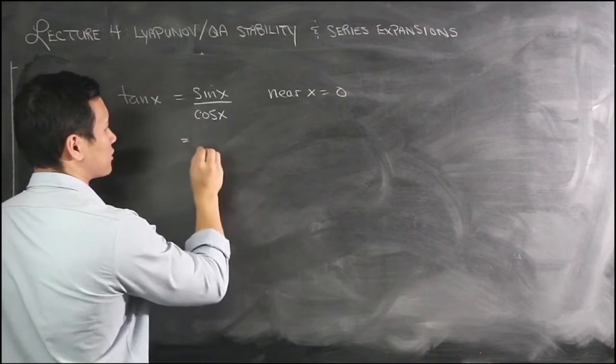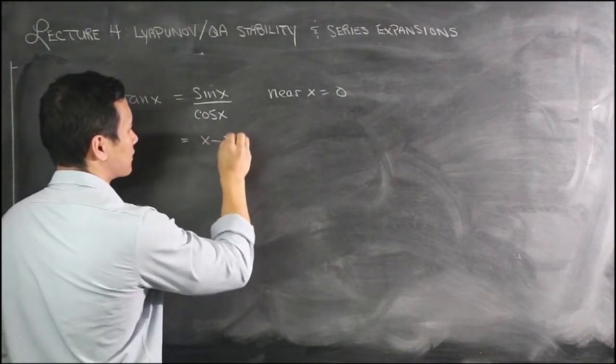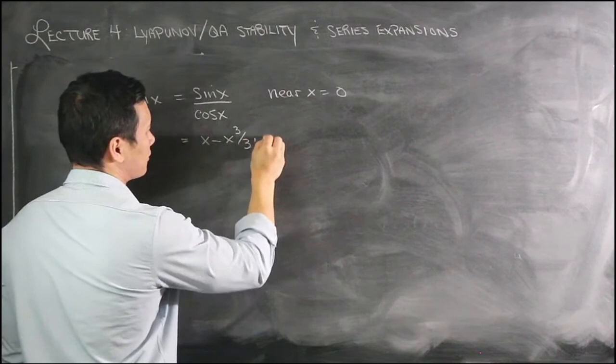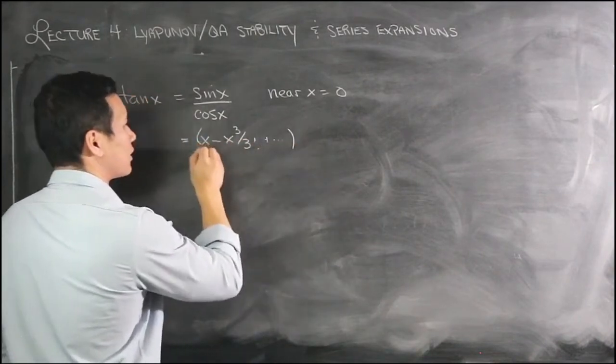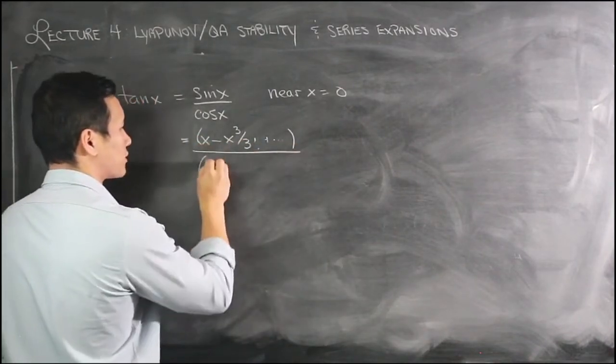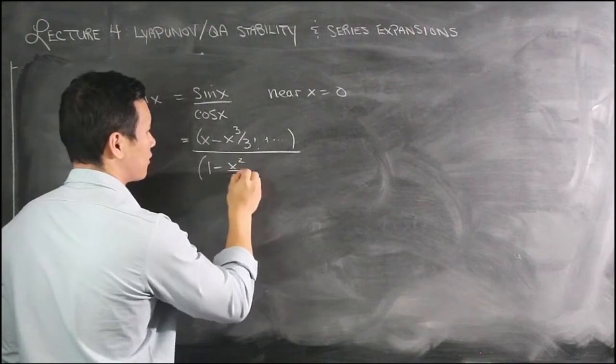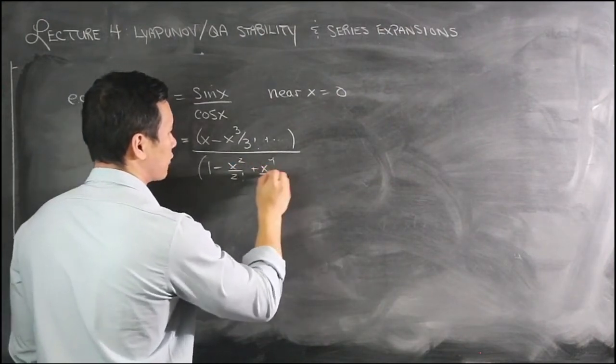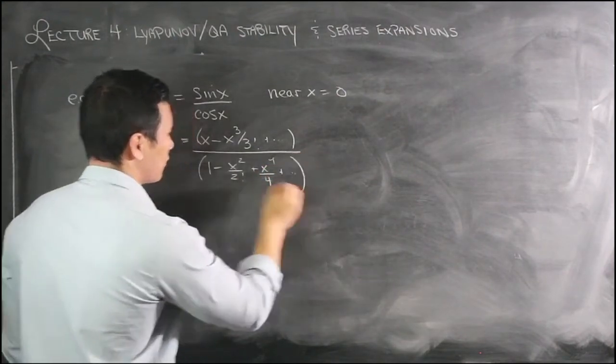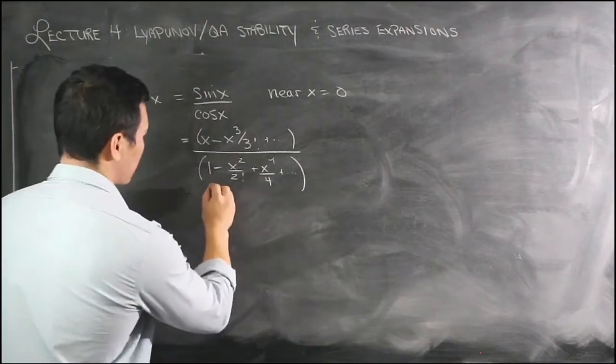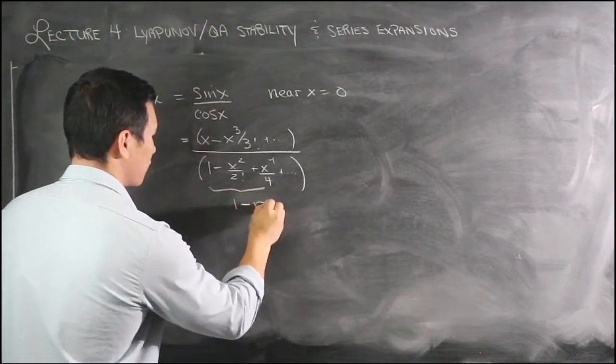You write the series expansion of sine x on the top. This is x minus x cubed over 3 factorial plus dot dot dot. And then you write the series expansion of cosine on the bottom. That's 1 minus x squared over 2 factorial plus x to the 4 over 4 factorial. And then you write this bottom here as 1 minus r.